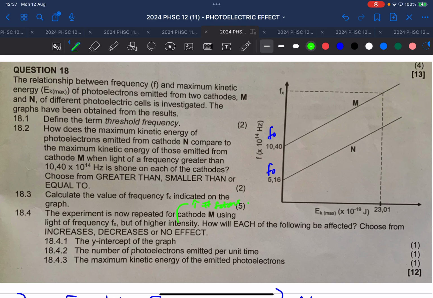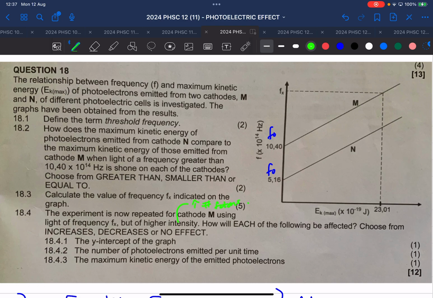So increase the number of photons, meaning same energy, just more. It's the same cups, but more cups. So the kinetic energy of each electron is the same. There's just now more electrons.